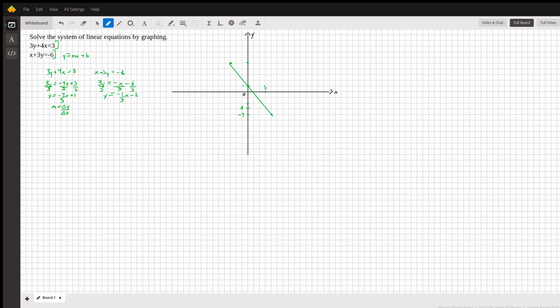All right, so we have negative 2 right here, which is the y-intercept of our second equation. And then we have a slope of negative 1 over 3. So if we go down 1 and over 3, or up 1 and over negative 3.